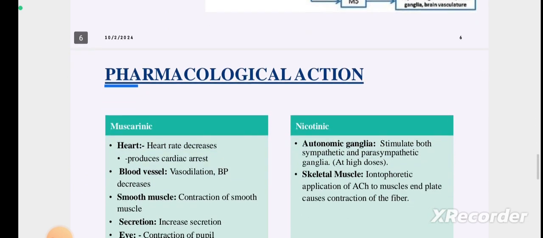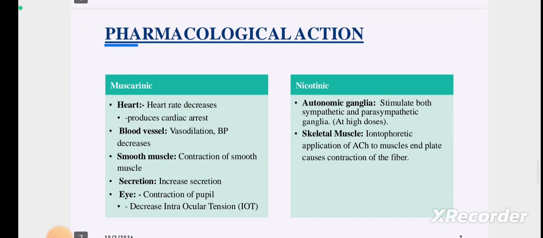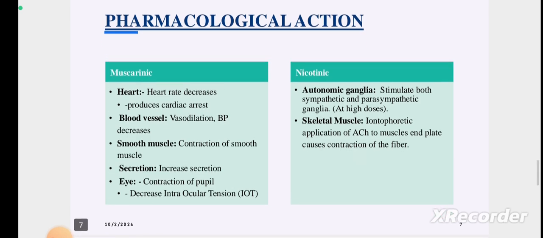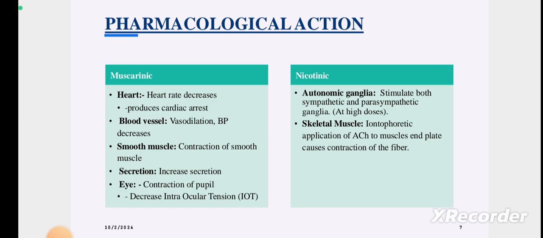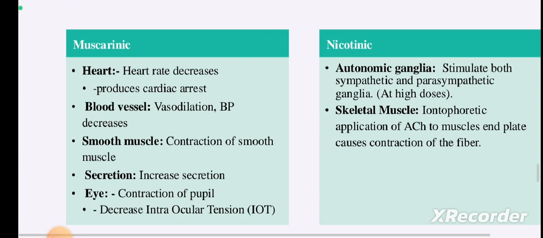On to the next slide, we have pharmacological action. Since there are two types of receptors, muscarinic and nicotinic, both have some pharmacological actions. First we will talk about muscarinic.